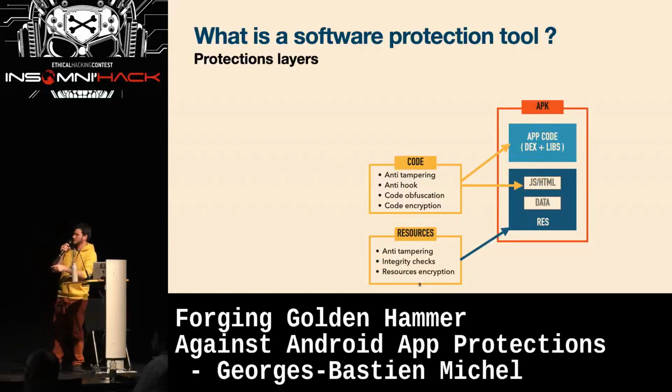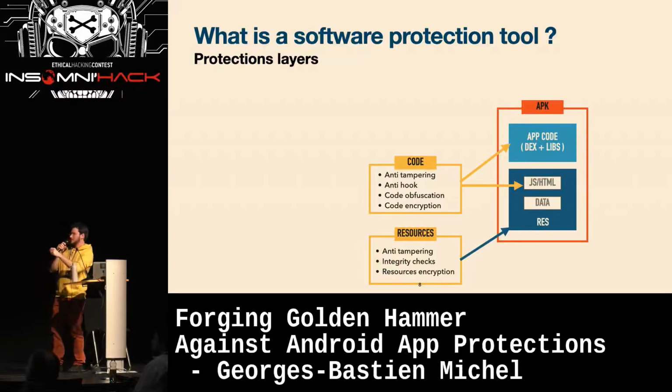The next layer is protection of code. Here, when we talk about code protection, it is mainly about anti-tampering. That means if you hook a method, the anti-tampering should prevent the application from continuing on the good path if you change the path with this hook.